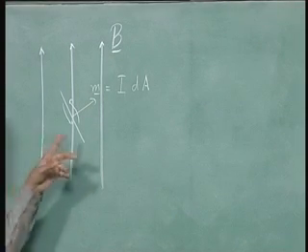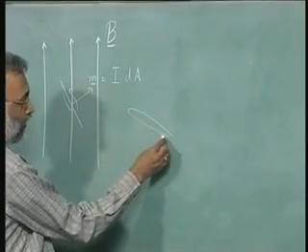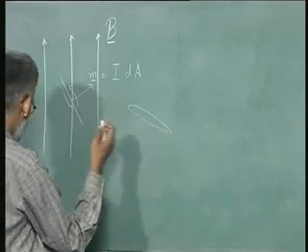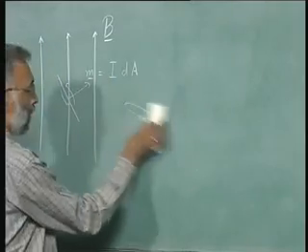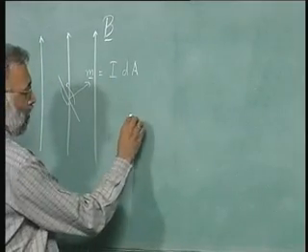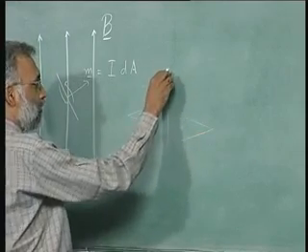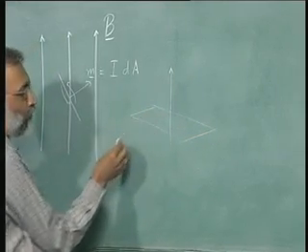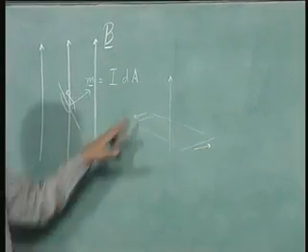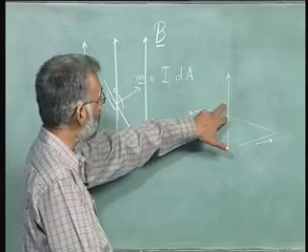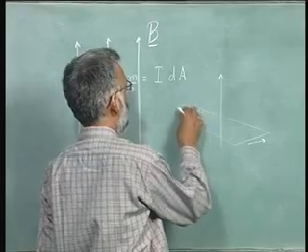Now, we worked this out a couple of lectures earlier, that if you have a loop, in fact we took a square loop, and you have a magnetic field, there is no net force, because this current cross the magnetic field causes a J cross B, which is in the outward direction.